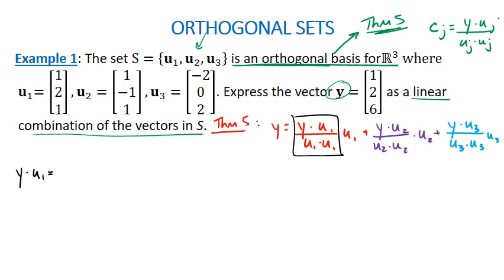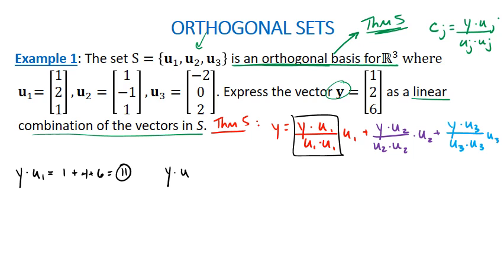Let's start by finding y dot u1, in other words, the inner product of these two vectors. This is from the previous section. Vector y with u1 will give us 1 plus 4 plus 6, which is 11.